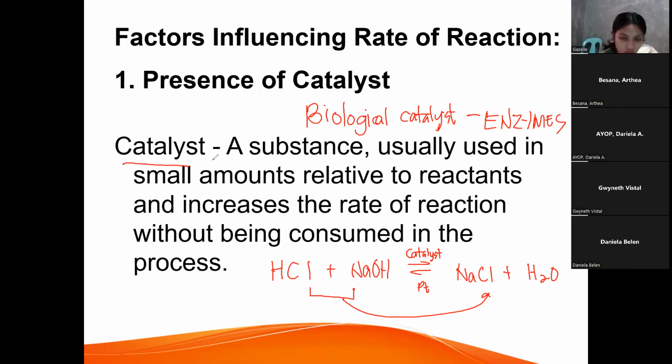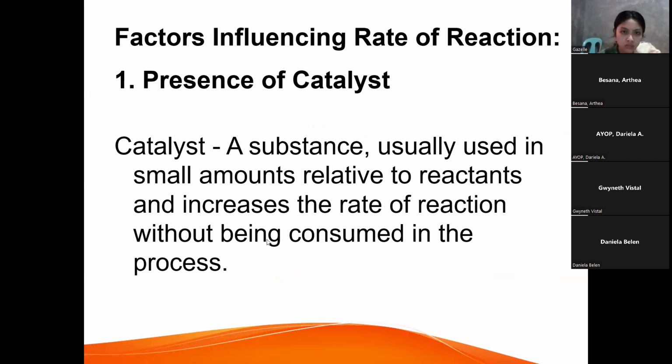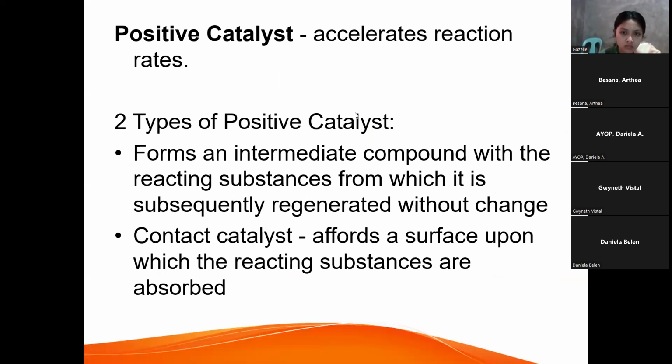So sa chemistry, marami tayong catalyst available to speed up our chemical reaction. But in our body, we have this one, the enzymes. And yes, enzymes are mostly proteins. These are our proteins na in their presence, chemical reactions will speed up.